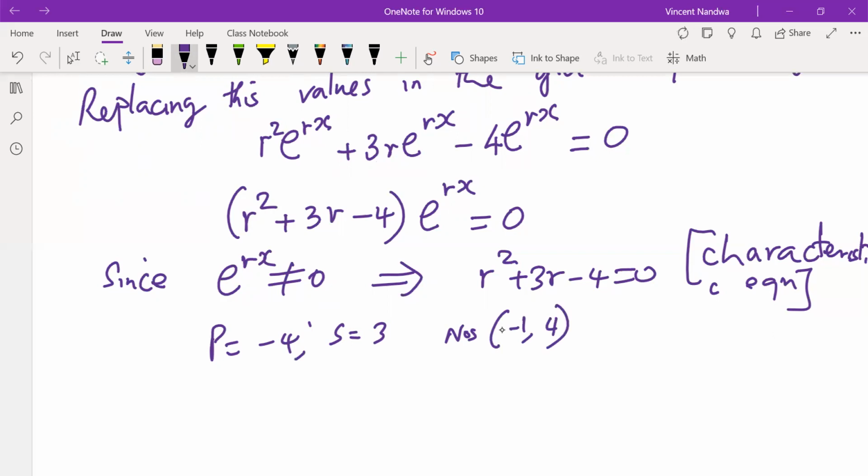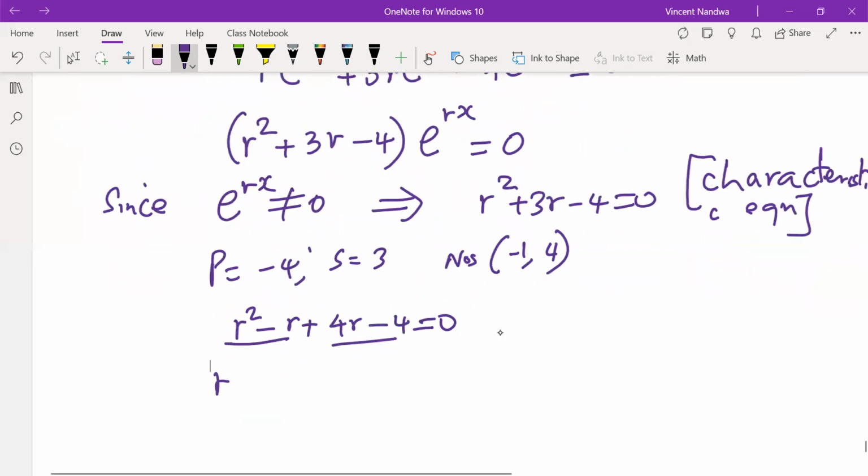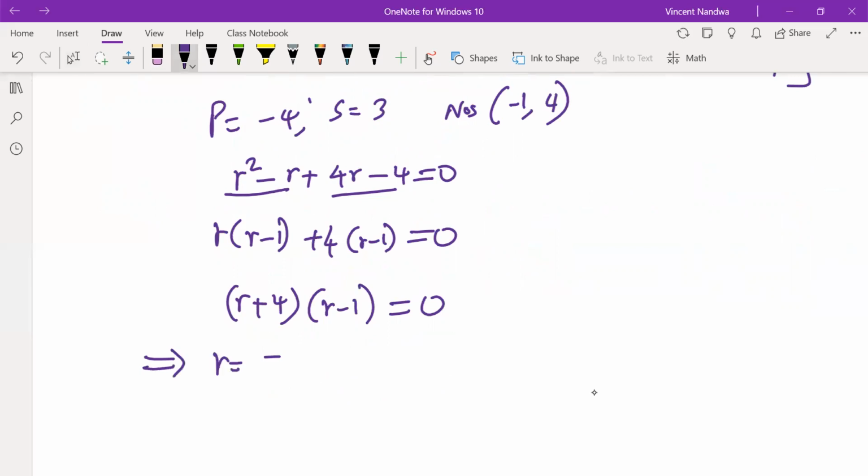So this will be written as r squared minus r plus 4r minus 4 equals 0. Pair this, pair this. So r into r minus 1 plus 4 into r minus 1 equals 0. So we have r plus 4, r minus 1 equals 0, which means r equals minus 4 or r equals 1.